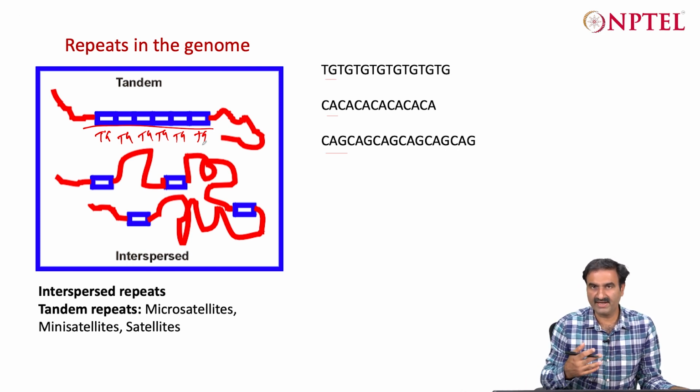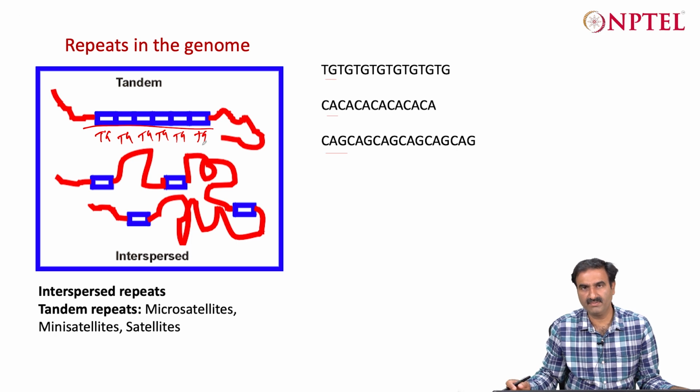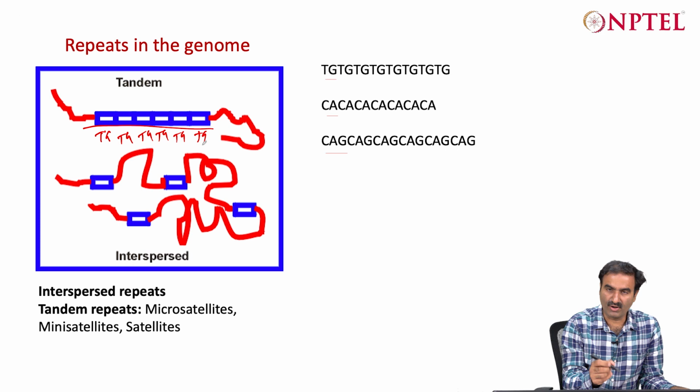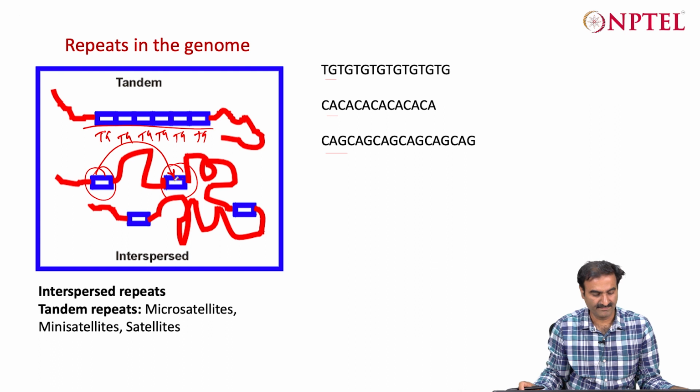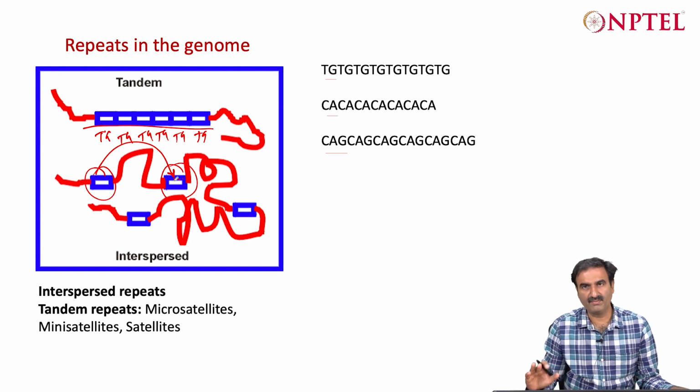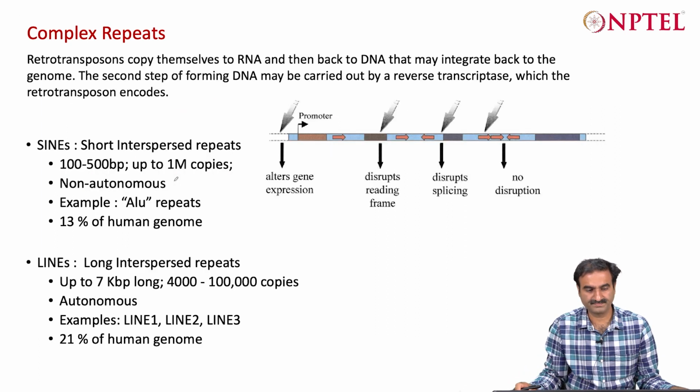These are dinucleotide tandem repeats, or dinucleotide repeating units, simple repeats. The other kind is complex repeats, which are not tandem. One unit can be here, and another unit is here, or maybe this unit came because another made a copy of itself and got inserted here. So simple and complex repeats are present in the genome.